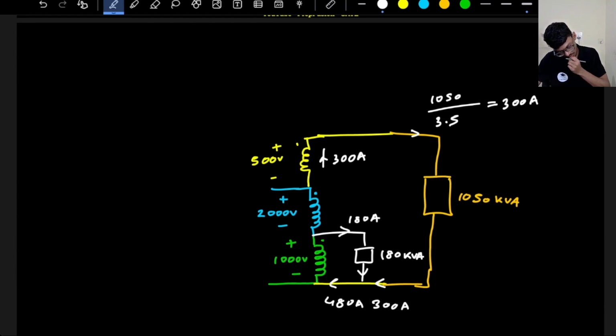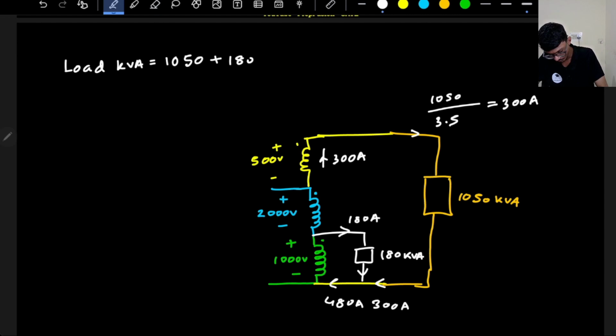So I know one thing, that whatever is the output kVA, that should be same as the input kVA, correct? So what is the load connected? Load kVA, total load kVA. So total load kVA is equal to 1050 kVA plus 180 kVA.